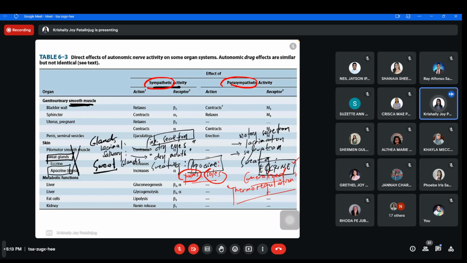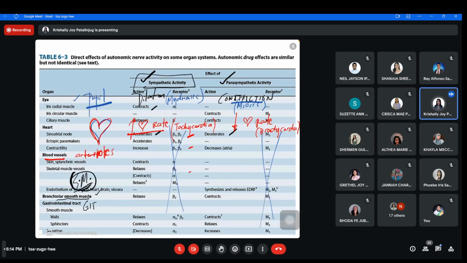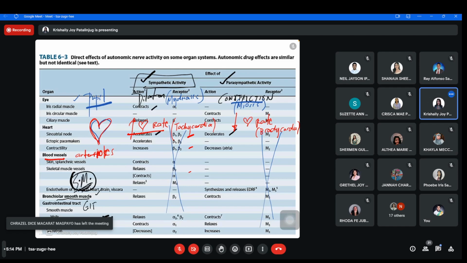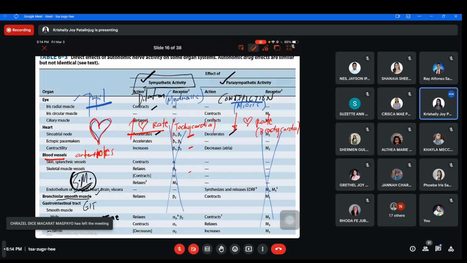Okay? Now, their effects, I will combine them so the discussion is easier. The three smooth muscles being mentioned, the bronchial smooth muscle, the GIT, and the urinary bladder, their effects have to do with tone, or pressure in the smooth muscle.